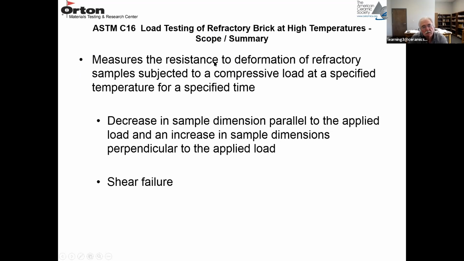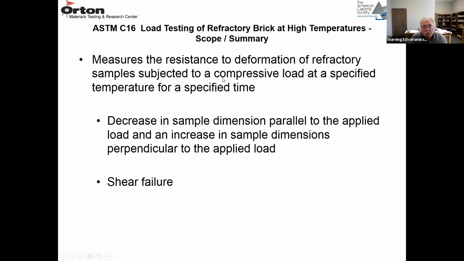So it measures the resistance to deformation of a refractory sample subjected to a compressive load, and all the refractories are basically put in vessels that are under compression. So all the creep tests are in compression. It's measured at some temperature for a certain amount of time.